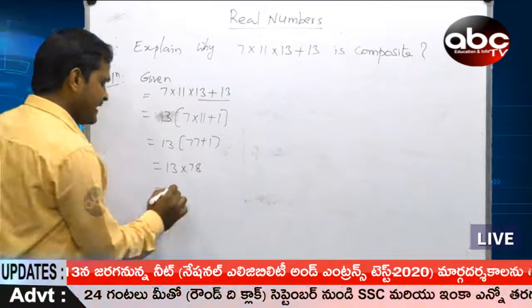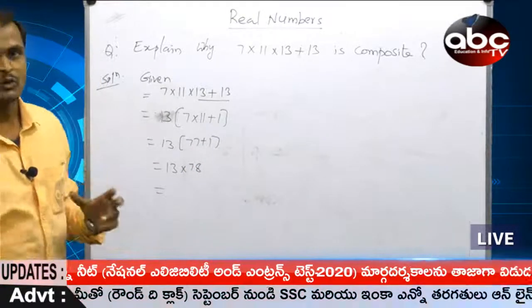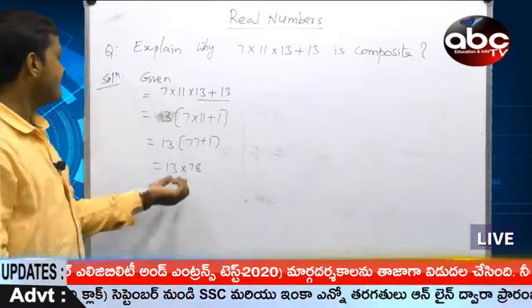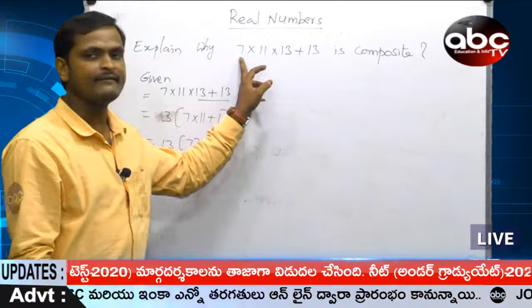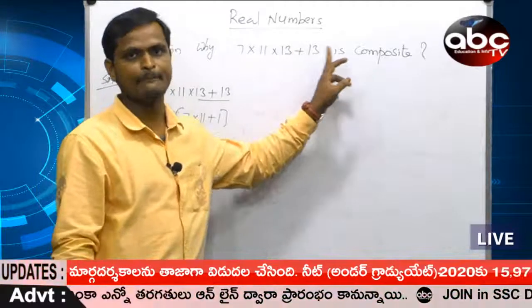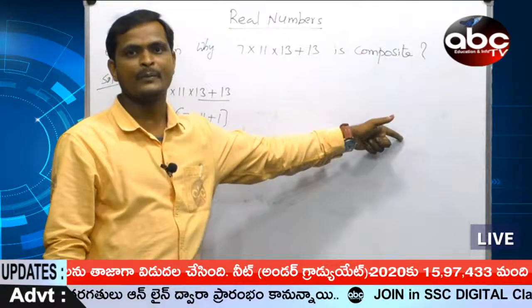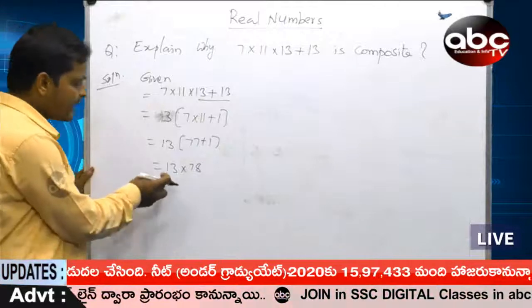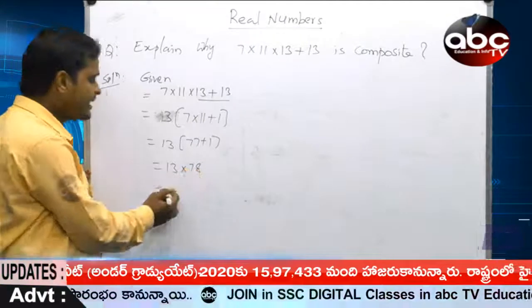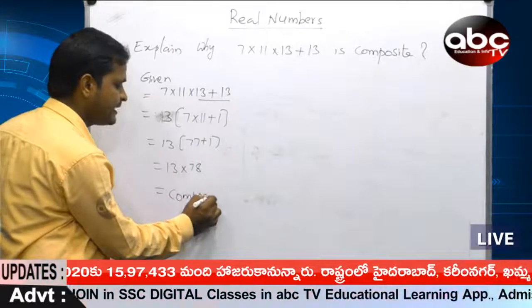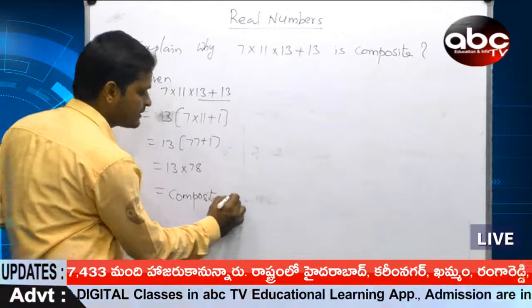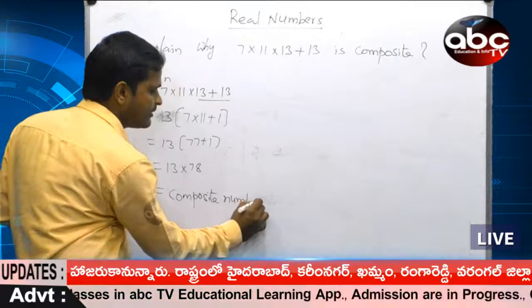That means when we take the product of two positive integers, we get a composite number. Therefore, the given integer 7 into 11 into 13 plus 13 is a composite number. Suppose you multiply 13 into 78, we get a composite number.